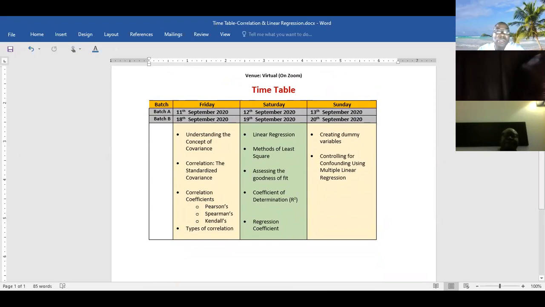Now, we'll be looking at understanding the concept of covariance, because covariance is important to the origin of correlation. Then correlation, you will see, is the standardized covariance, and we'll get to know why. We'll look at how you measure correlation using correlation coefficients, and the types.